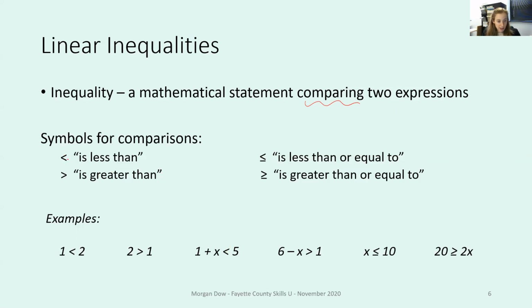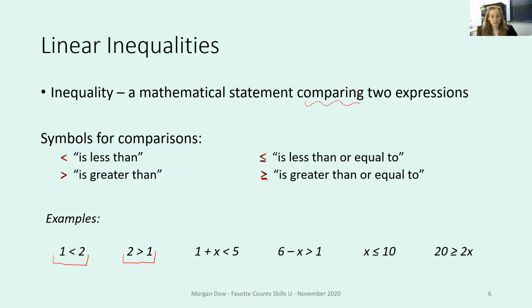We've got is less than, is less than or equal to, is greater than, and is greater than or equal to. And so we can have very basic comparisons like 1 is less than 2, 2 is greater than 1.